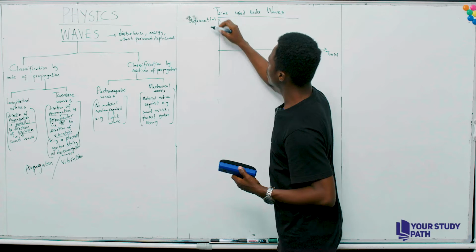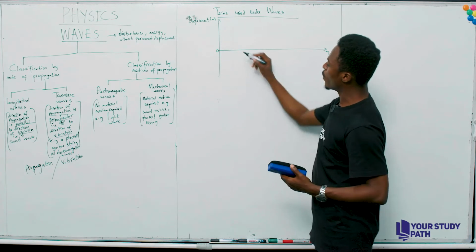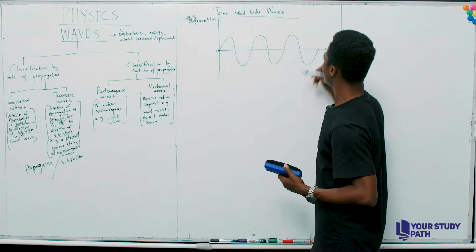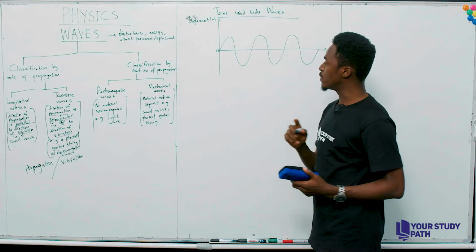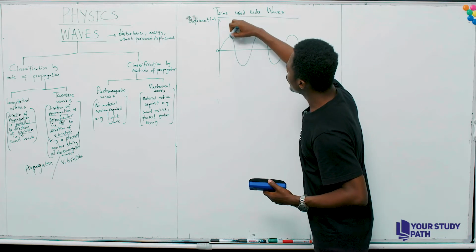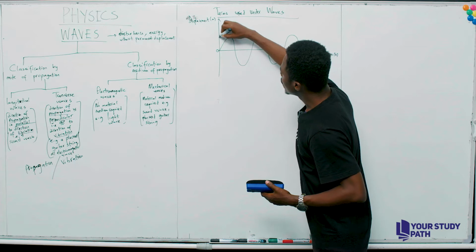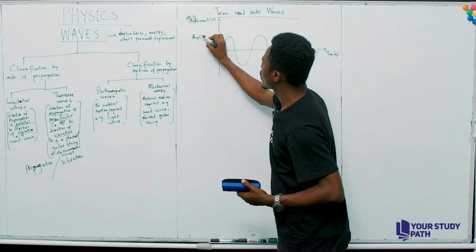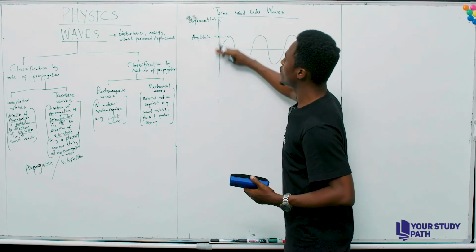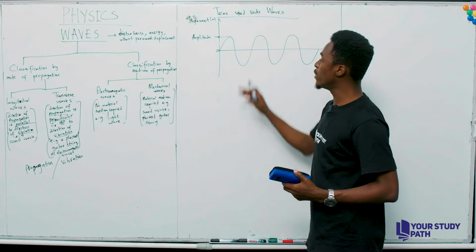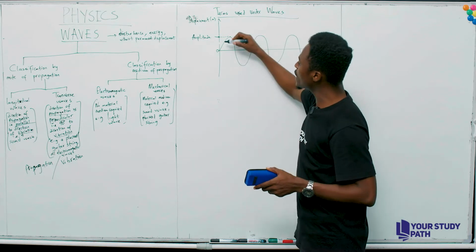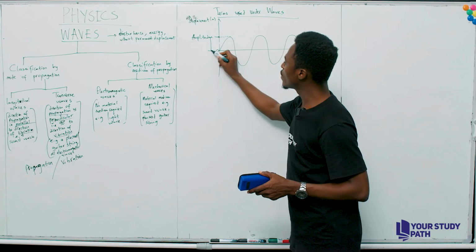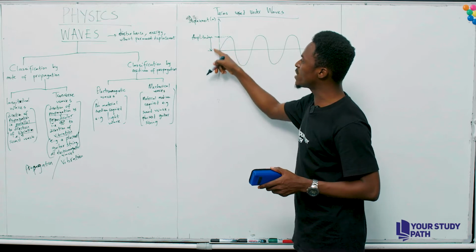Usually this is in meters. Zero origin. Now imagine a wave moving up, down, up, down, up, down like this. One thing is this. The highest vertical distance covered is tagged the amplitude. The highest vertical distance away from the rest point is called the amplitude. Note that. So this is the amplitude.